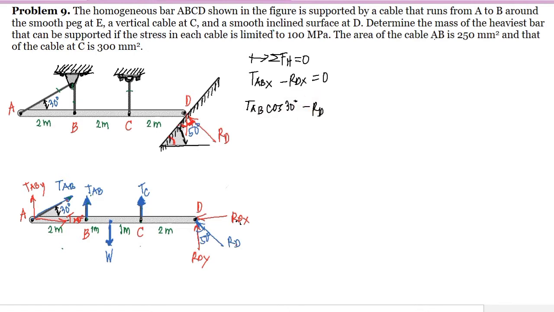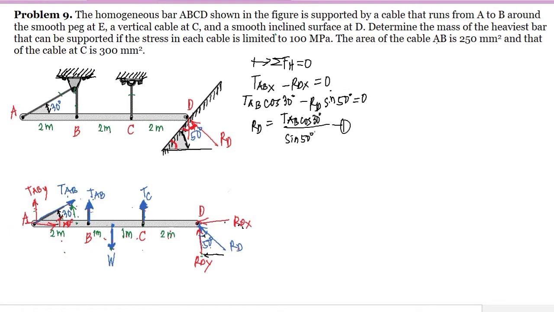This RDX is the horizontal component, opposite of the 50 degrees, so it is sine of 50, equal to 0. Expressing in terms of RD, RD is equal to TAB cosine 30 over sine of 50 degrees. And this is our equation 1.